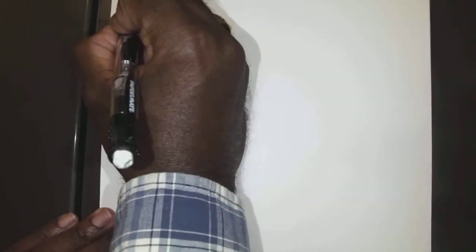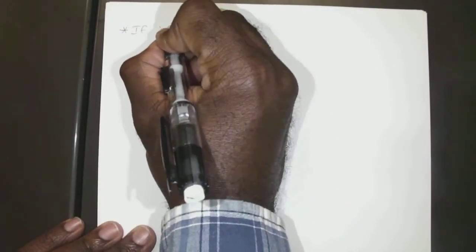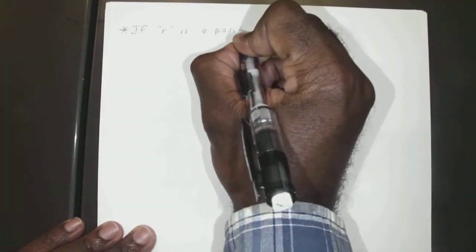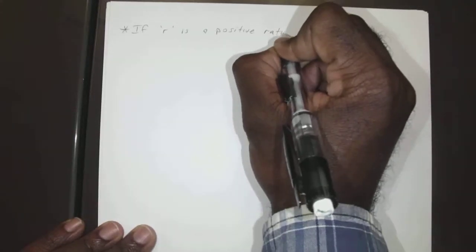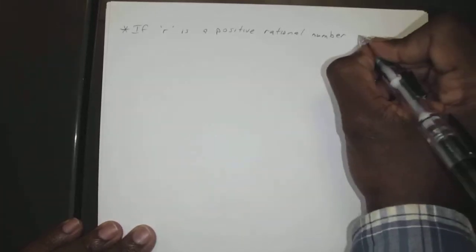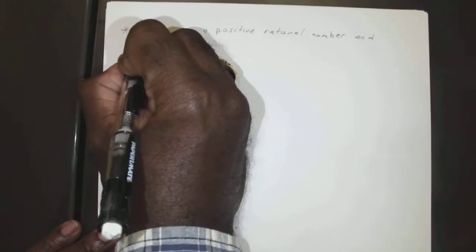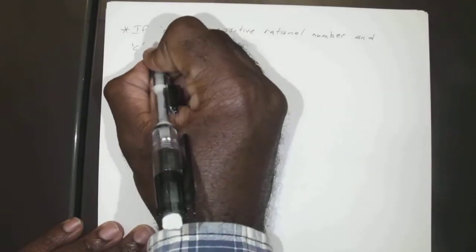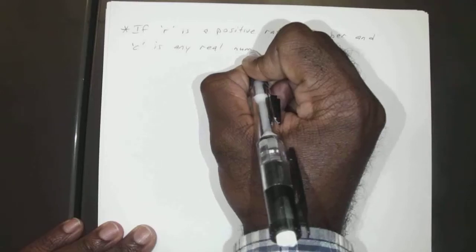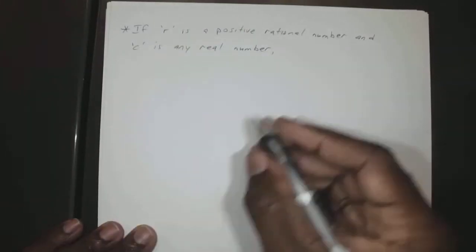Okay, so this is probably one of the most useful theorems in this particular section. So let's say any number r is a positive rational number, and c is just any real number at all, positive or negative.